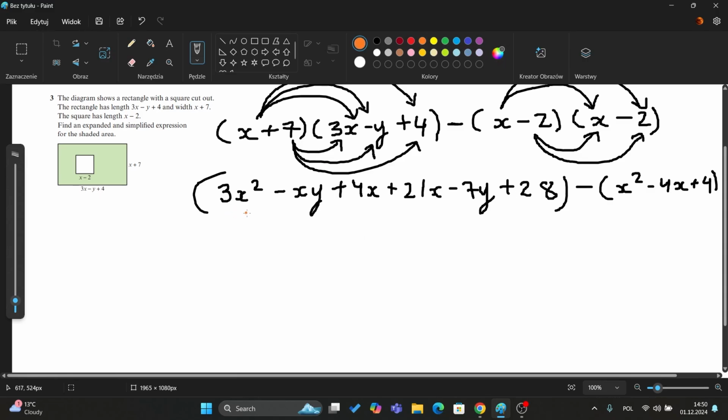So we got the like terms of 3x squared and x squared. We got the like terms of x and x. And we got normal numbers 28 and 4. And minus xy and minus 7y stay the same. So first of all, we do 3x squared minus x squared, that is 2x squared.